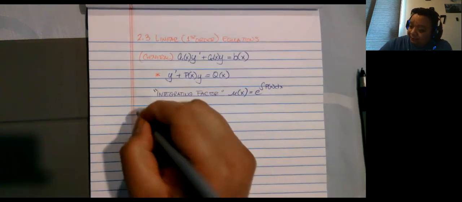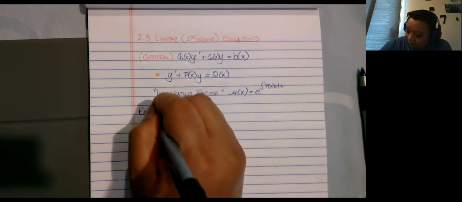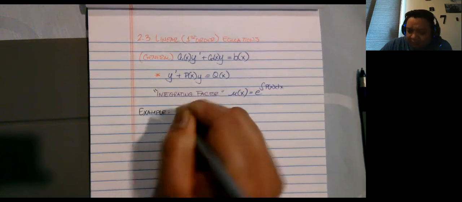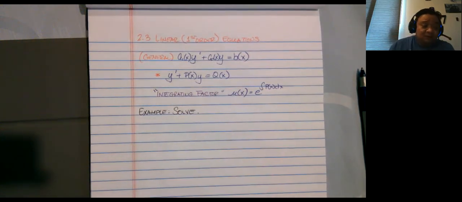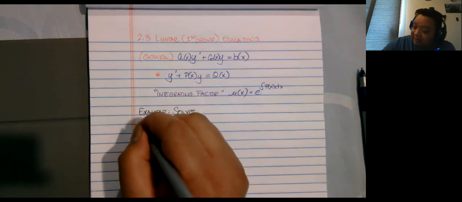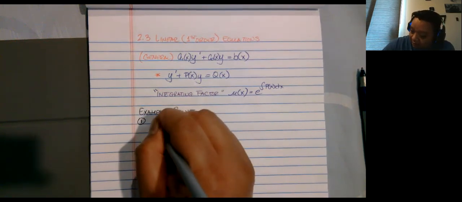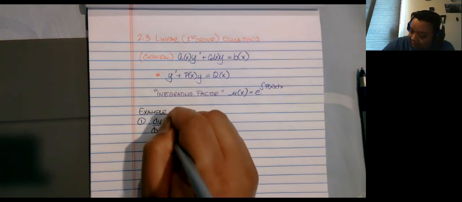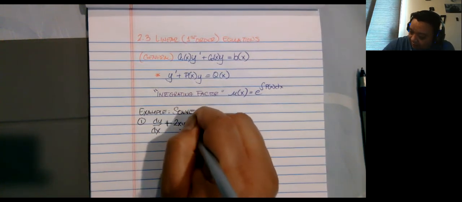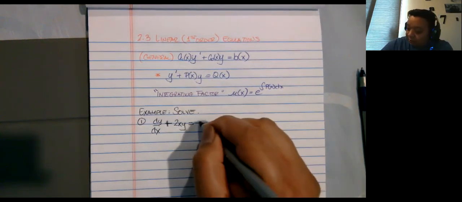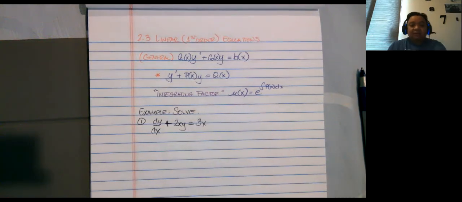So here is an example. The direction for all of our differential equations is, for the most part, just solve. Okay. And so example number 1: dy dx plus 2xy is equal to 3x.